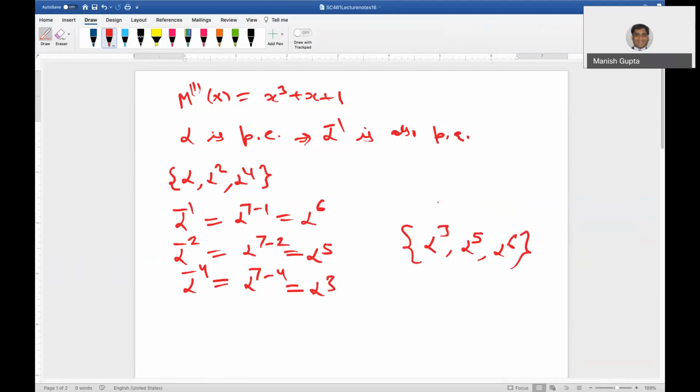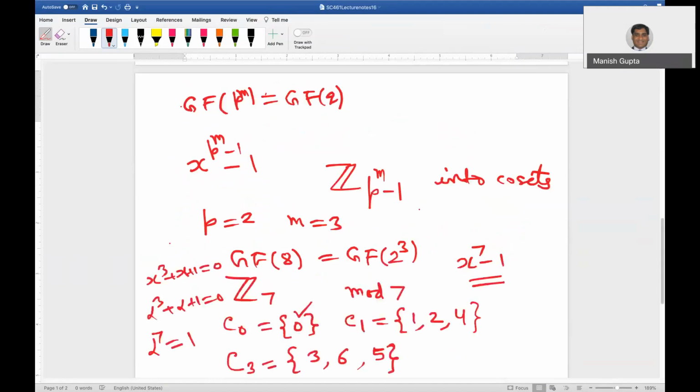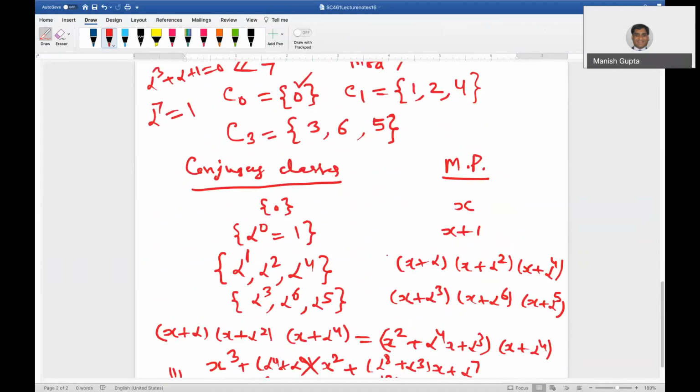You see, the second set from the cyclotomic coset, we are getting this, right? So if these are the primitive elements, their inverses: inverse of alpha raised to 1 is alpha raised to 6. Alpha raised to 2 inverse is alpha raised to 5. And inverse of alpha raised to 4 is alpha raised to 3. Right? So these are inverses of each other.